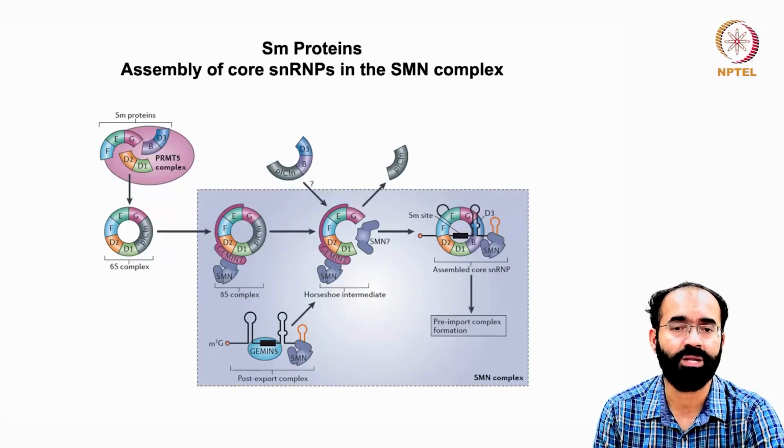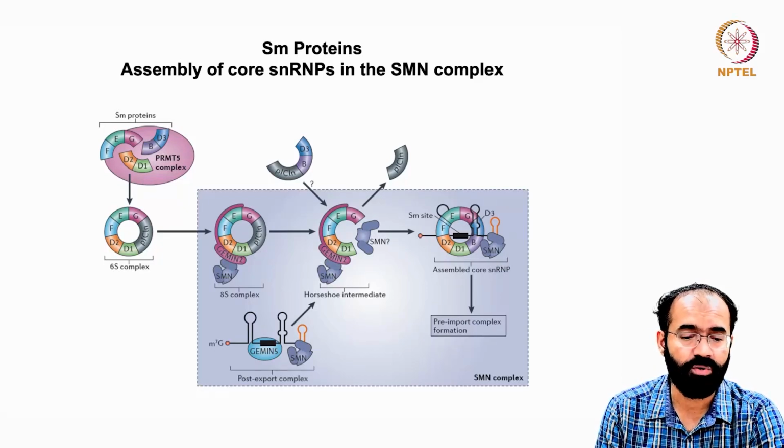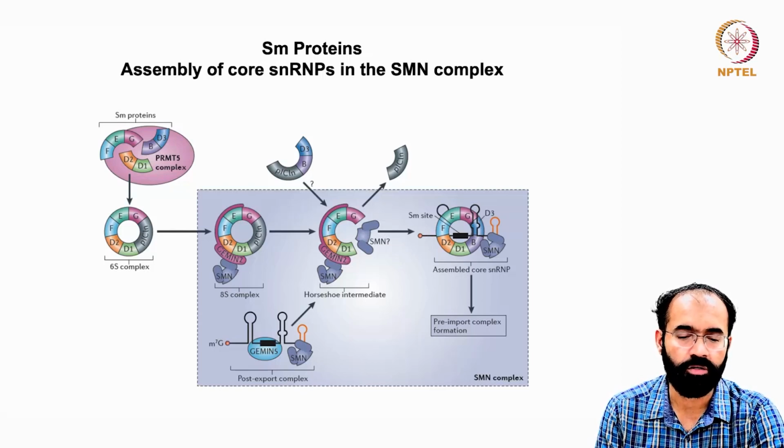SM protein and assembly of snRNP and SMN complex. So SM proteins assemble one by one and form a complete ring by the fusion of all these proteins. They assemble one by one along with the SMN, gemin2 and also the SM ring, and it will continue to recruit more proteins, and eventually it forms a snRNP in combination with the snRNAs, which is the pre-import complex.